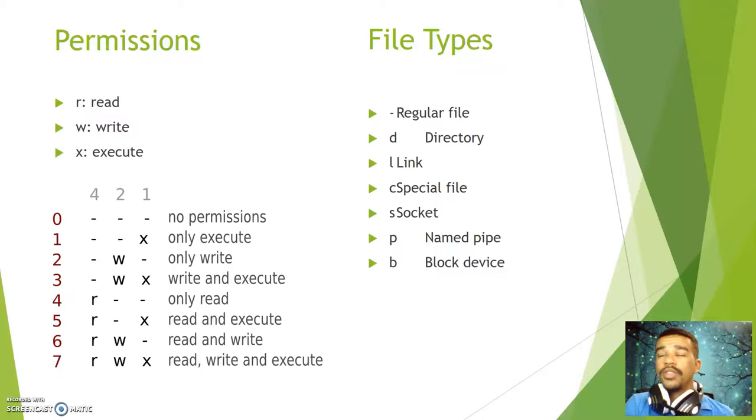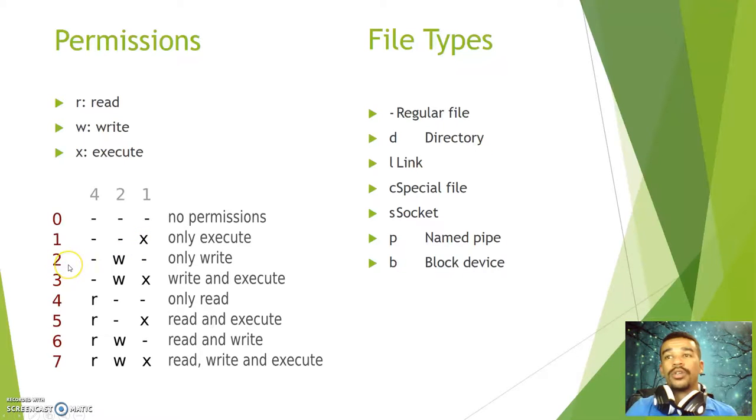Here's a quick table to show that. We have a file which has no permissions, which would have a decimal value of 0. You'll see this dash dash dash set on the user, group, and owner levels. And then for the decimal value 1, if the owner can only execute, you'll see a dash dash X.